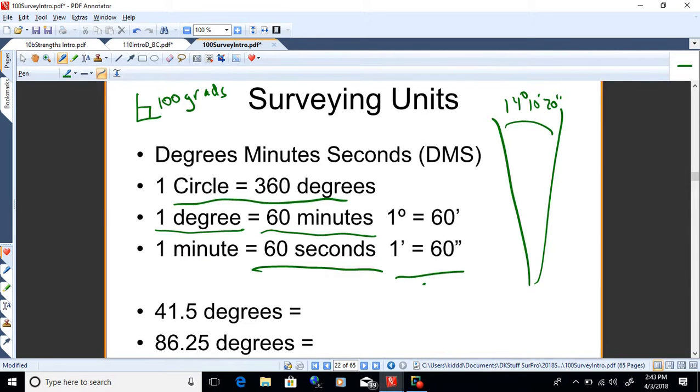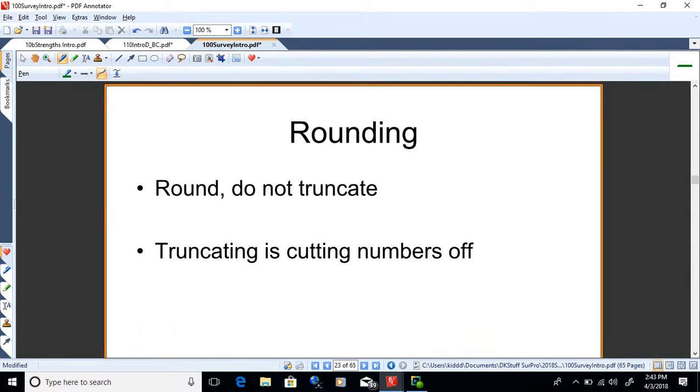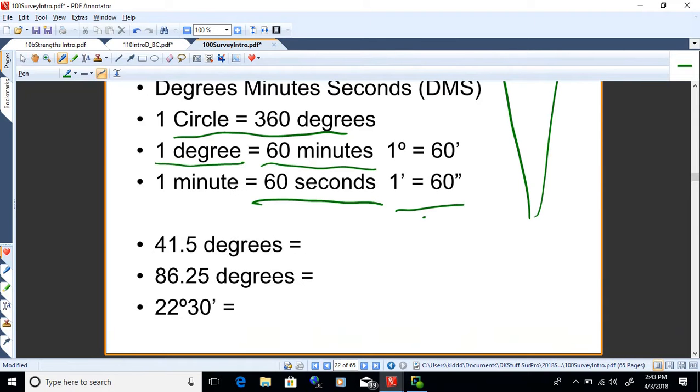So sometimes we might have to convert between degrees, minutes, and seconds and decimal. So 41 degrees, what is that with degrees, minutes, and seconds? How many minutes is 0.5 degrees?